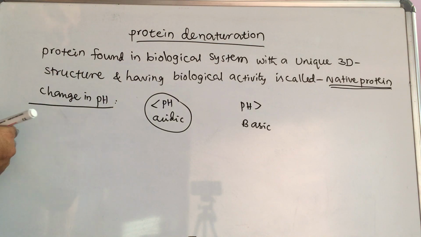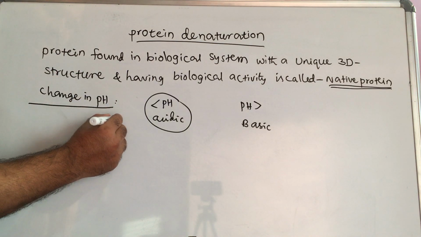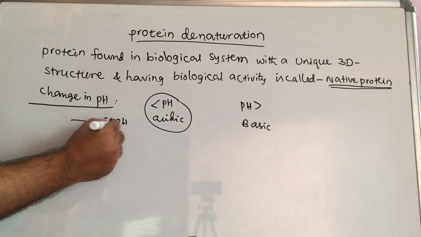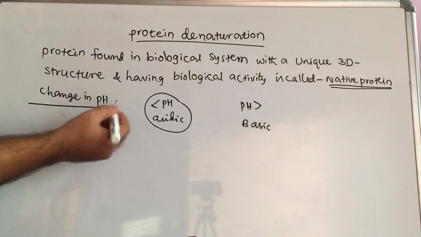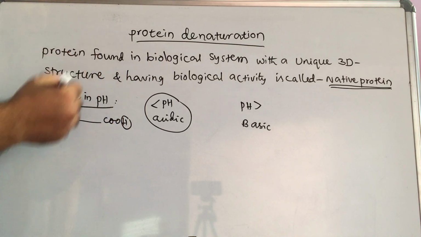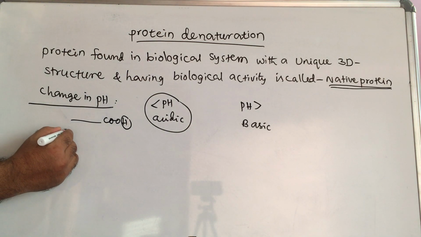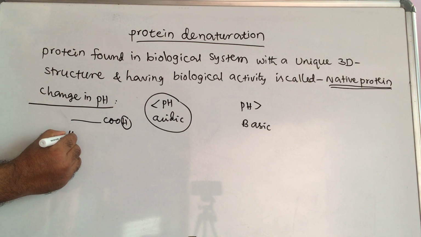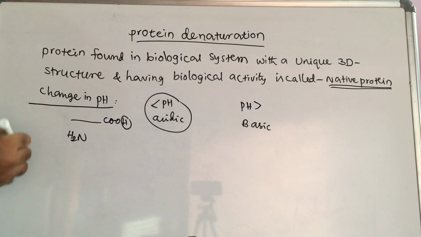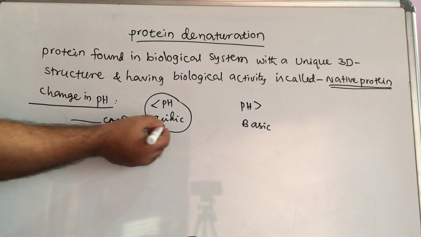Generally the last part of a protein is COOH, so this H plus may be lost in basic medium, and the NH2 group may be protonated in acidic medium.